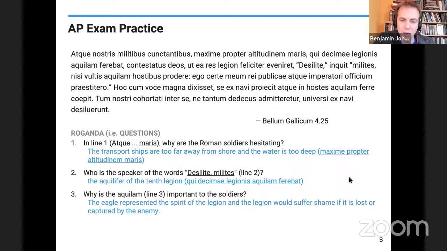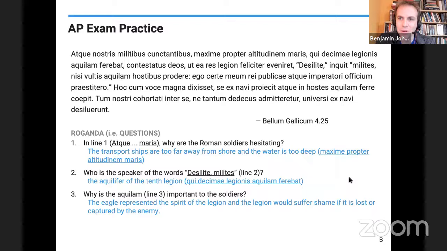And why is the aquilum in line 3 important to the soldiers? This is the spirit of the Legion represented in a standard, a golden eagle on top of a stick. The idea was that the Legion would suffer shame if it is lost or captured by the enemy. The idea of the eagle factors heavily in some of the book 5 material on the AP syllabus that you may or may not have read, and it's not covered on this test coming up.